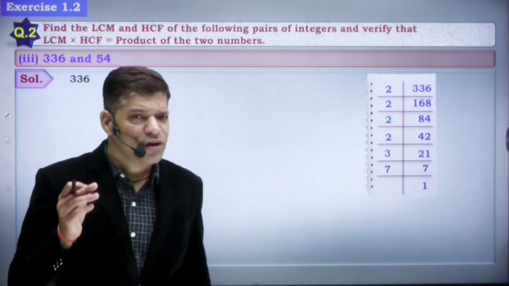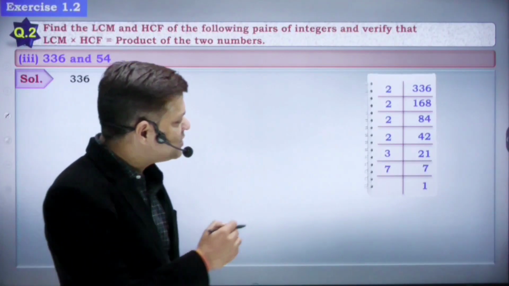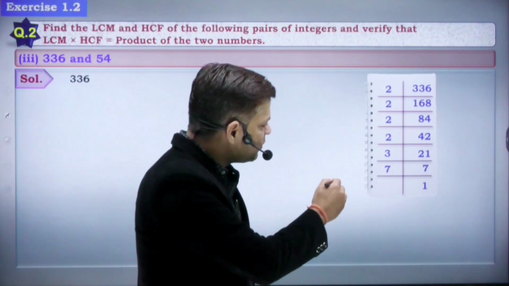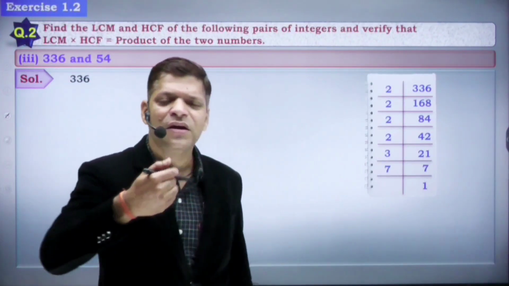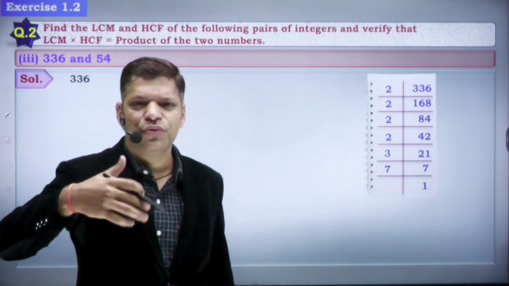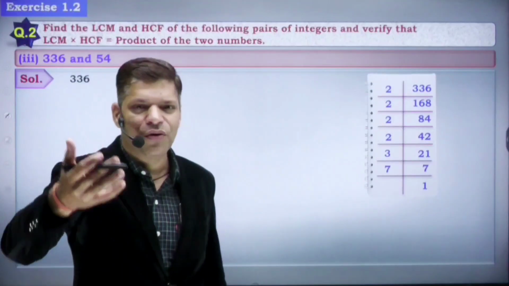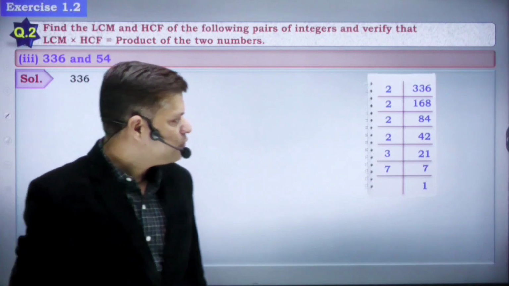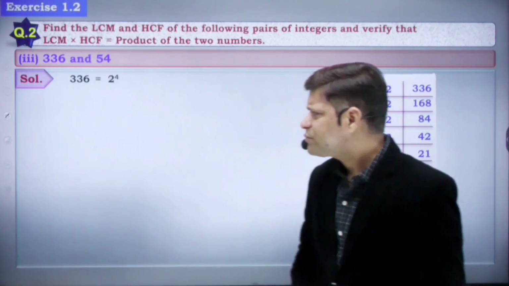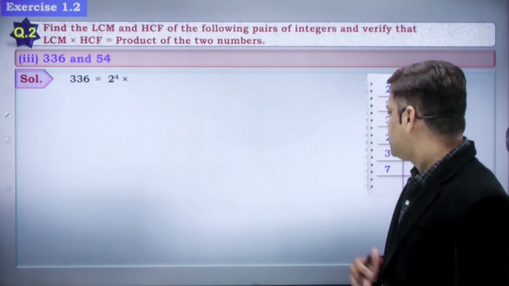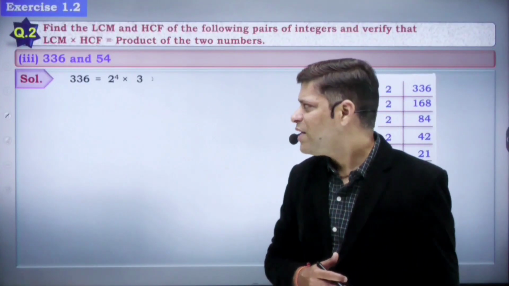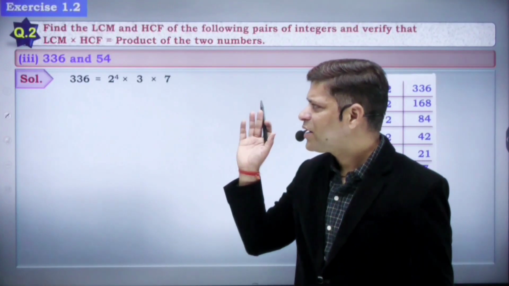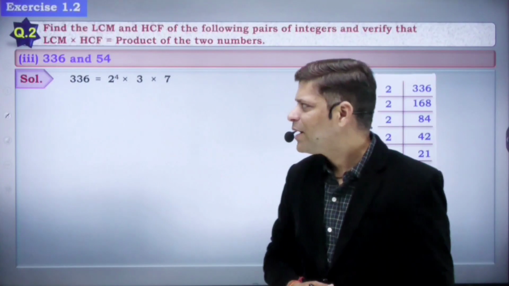Here we write down the prime factors in increasing order, first 2, then 3, then 7. This sequence you should also know. So now we can write it as 2 raised to the power 4 into 3 into 7. Okay, so this is the prime factorization of 336, right?